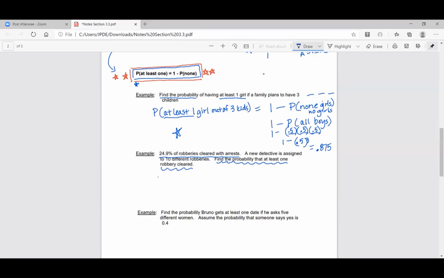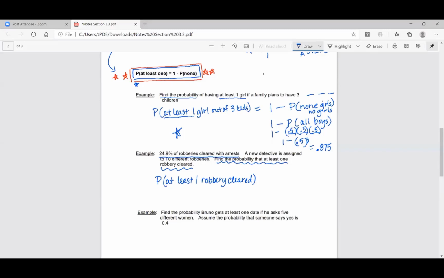So I'm going to write that down. Probability that at least 1 robbery cleared with an arrest. So out of the 10, at least one cleared. So they arrested somebody, and at least one. So it could be 1 or 2 or 3 or 4 or 5 or 6 or 7 or 8 or 9 or 10.